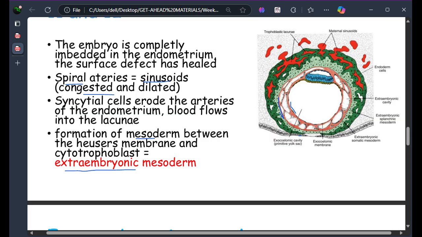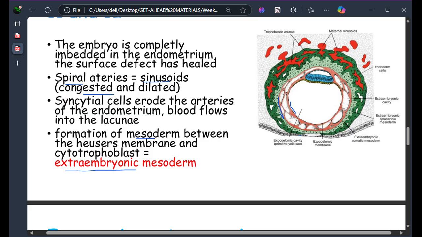So those spaces in between the extraembryonic mesoderm will be called the extraembryonic cavity. Please don't mix these up. The extraembryonic cavity is found in the extraembryonic mesoderm. It develops in the extraembryonic mesoderm.